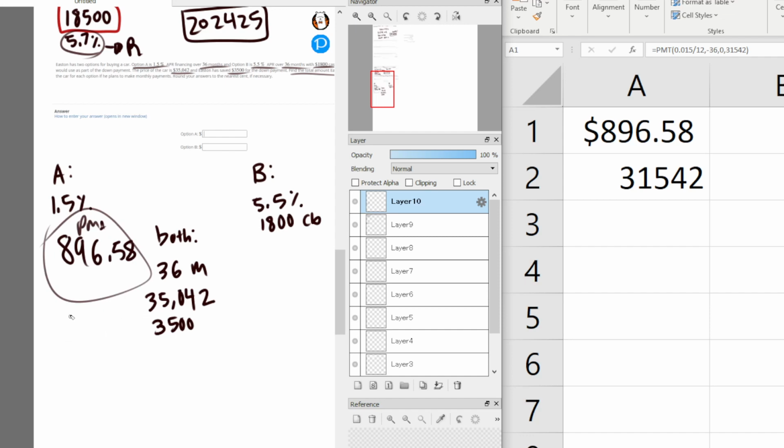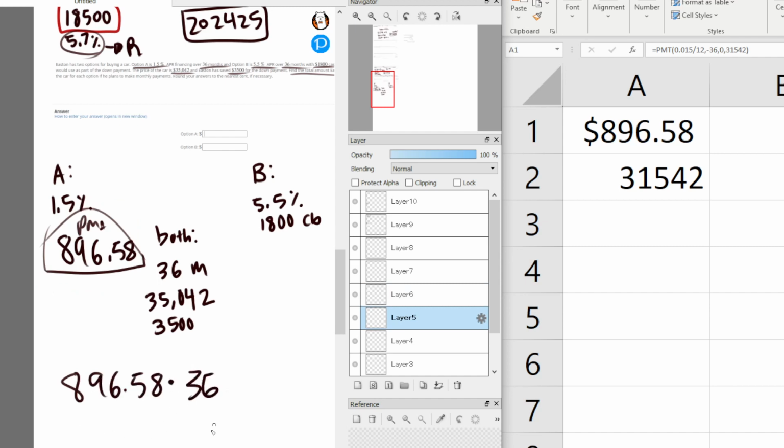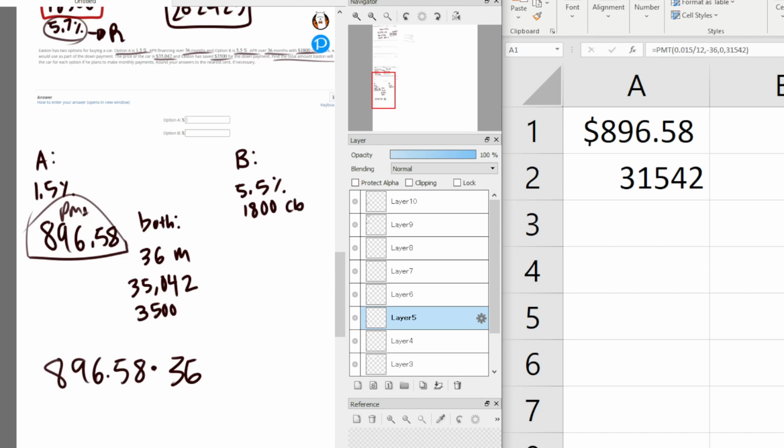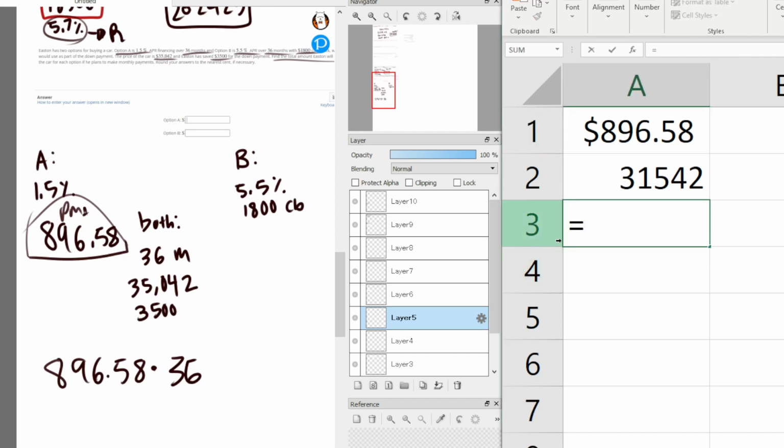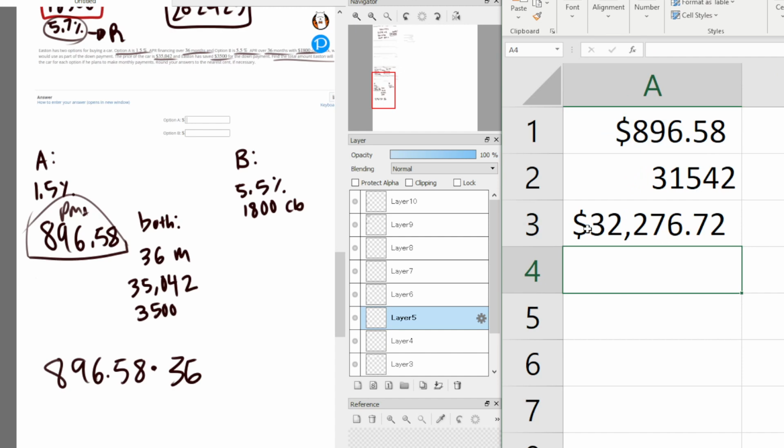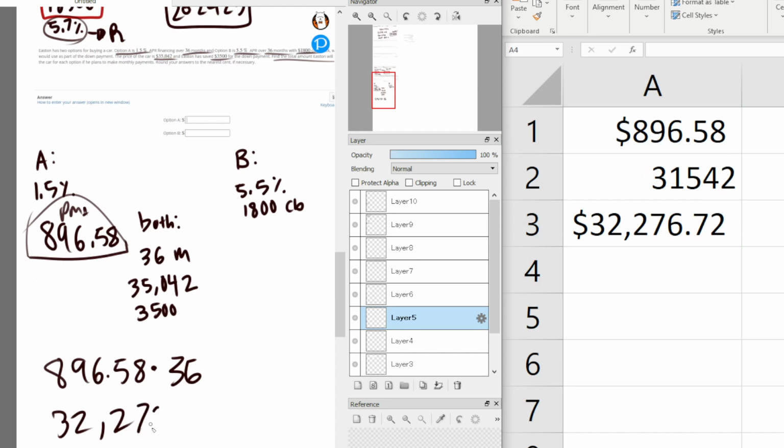Now what we'll do is we will times the amount of payments that we have by 36, because if this is his monthly payments and he has 36 months for the loan option, that means he's paid this 36 times. So we'll do 896.58 times 36, which when we plug that into Excel, so A1, we'll just do that for ease, times 36, that gives us 32,276.72.